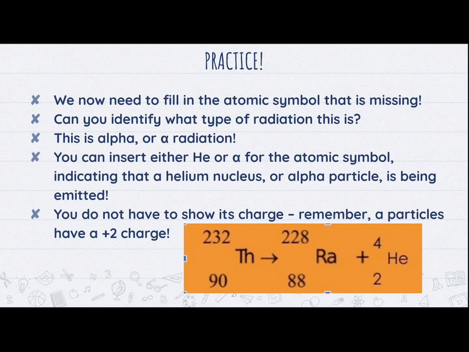Here is what that looks like on the bottom. So that's a helium nucleus, which means this is alpha radiation. You can insert the He with the numbers, or you can just put an alpha sign, whichever way is perfectly fine. You don't have to show its charge, but remember that these particles have a +2 charge.